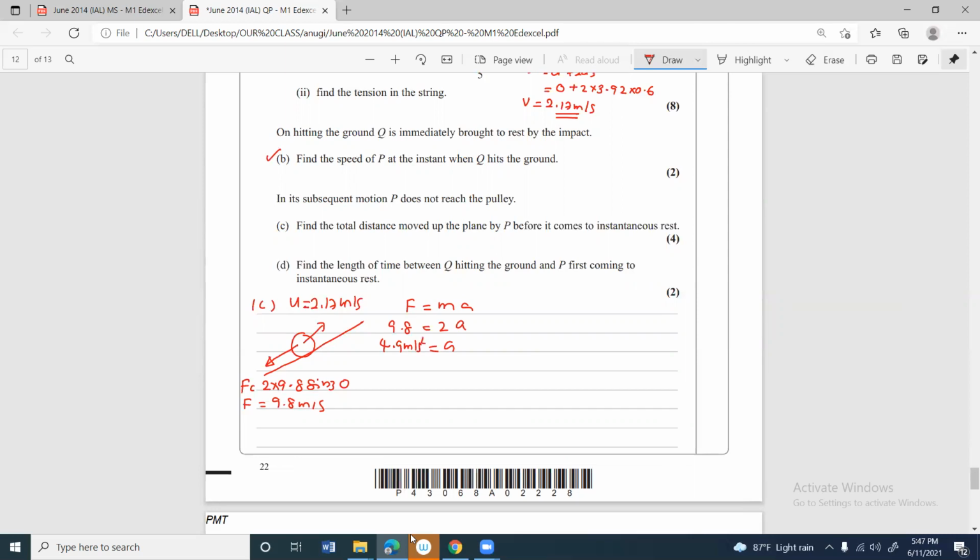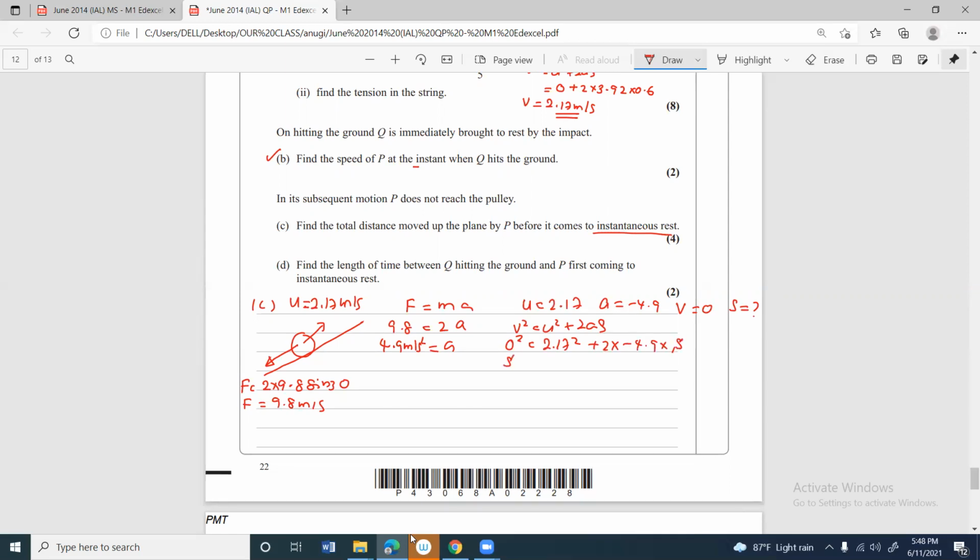Now for the subsequent motion, u is 2.17 and a is minus 4.9 until it comes to total instantaneous rest. v is 0, and we need to find s. So we can apply v squared equals u squared plus 2as. So 0 squared equals 2.17 squared plus 2 times minus 4.9 into s, where s is the one we need to find.